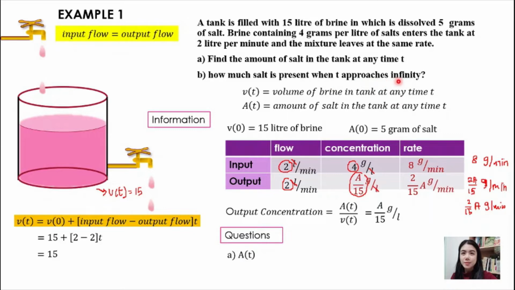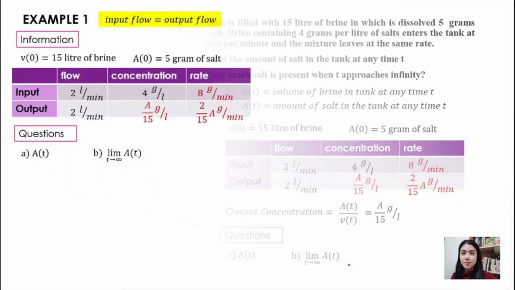Mathematically you can write this as the limit as time approaches infinity of A(t), which is the question mark. So let's go and figure out how to solve this example.